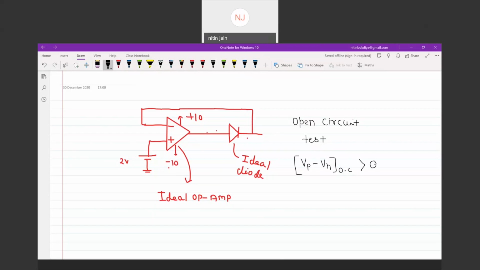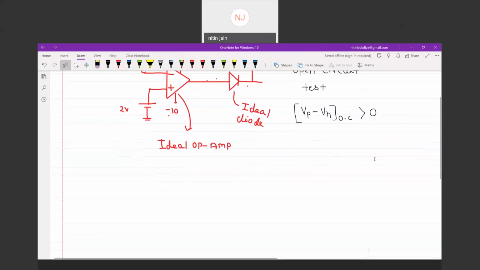If the open circuit potential across the diode is greater than 0, then I can say the diode is in conducting state. So let's apply the open circuit test.